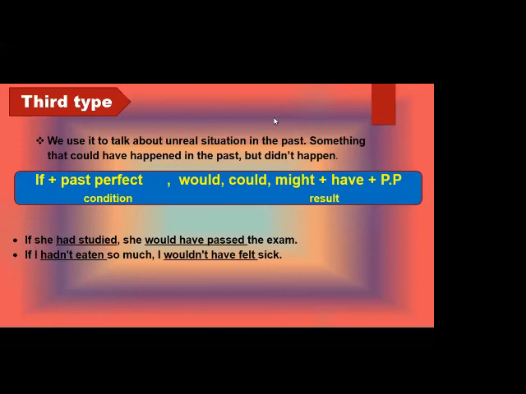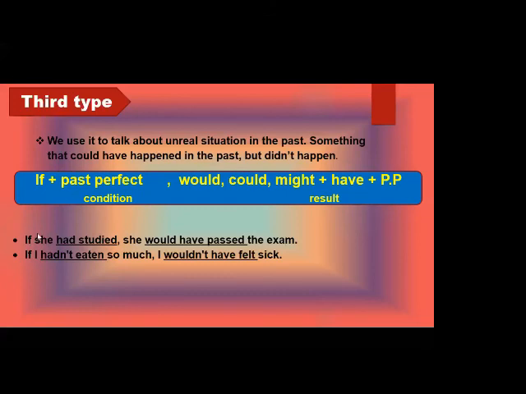Okay, again. In type 3, we are talking about unreal situation in the past. It didn't happen in the past. Okay? So we go one step back. The past simple will be the past perfect. Okay?